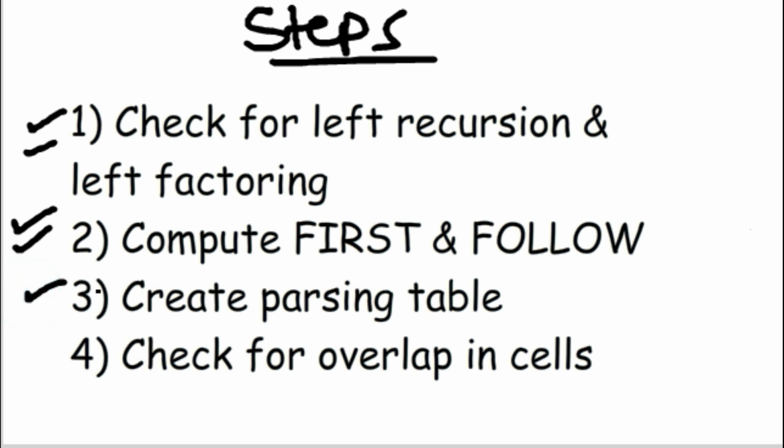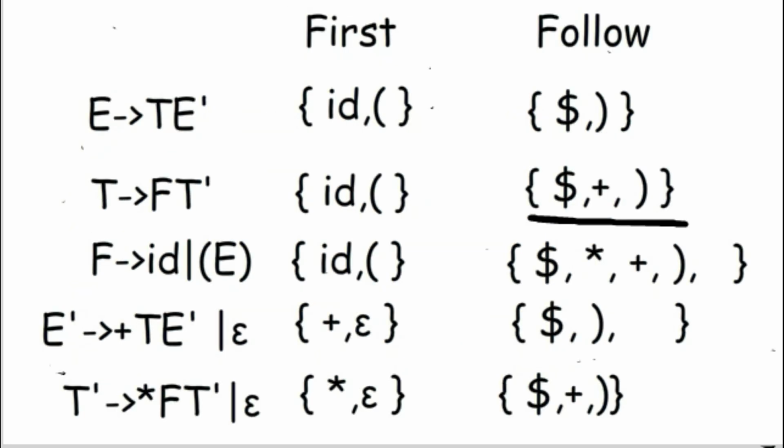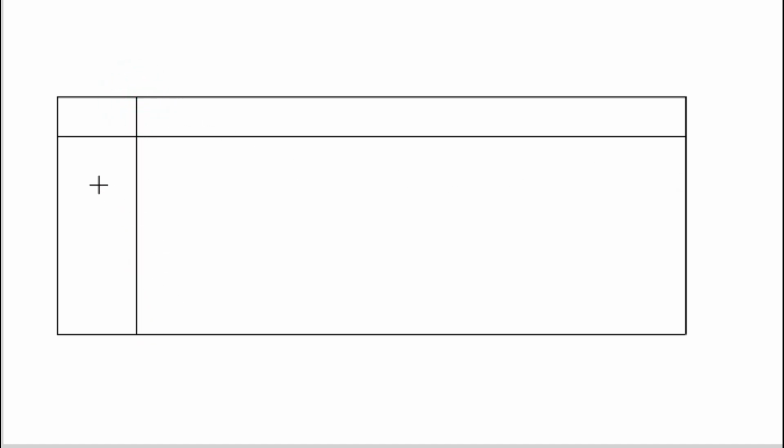Now we have to create a parsing table. How do we create a parsing table? In order to create a parsing table, first we will have to draw it. So let us draw a table. In this table, we have to write all the non-terminal symbols in rows and terminal symbols in columns.